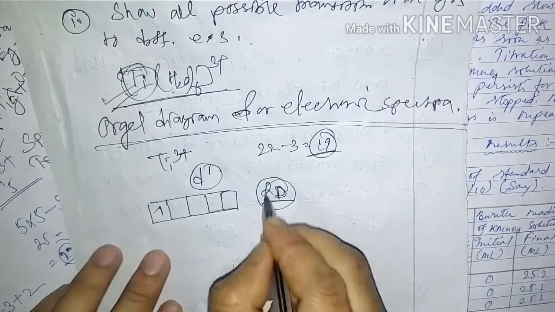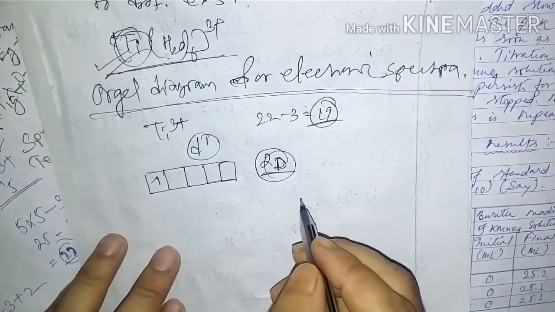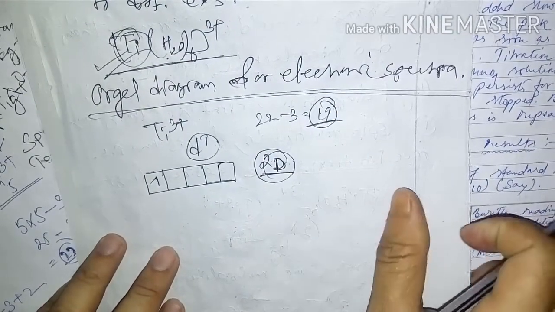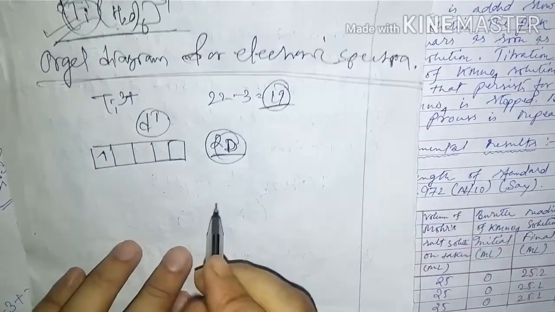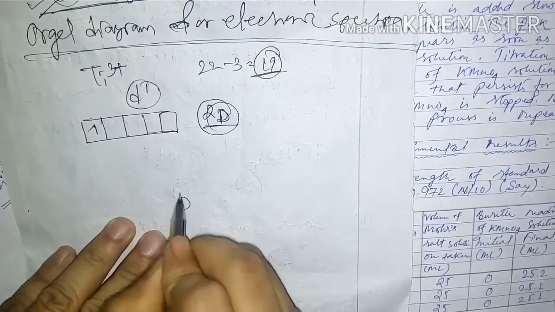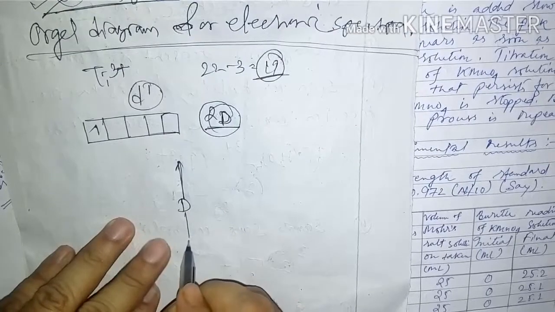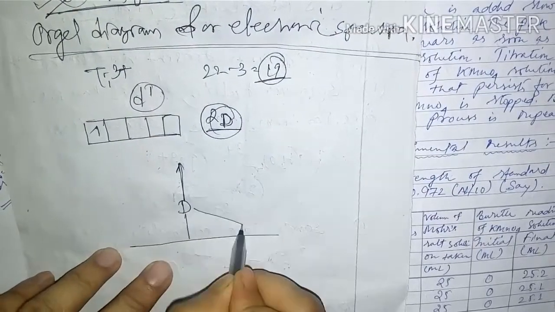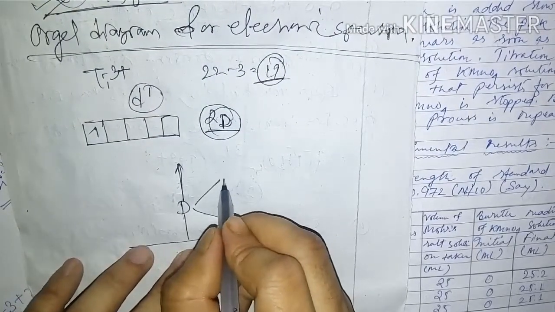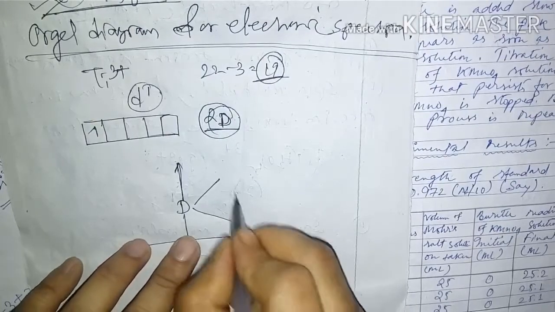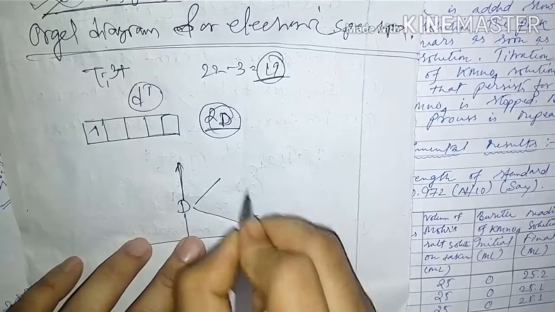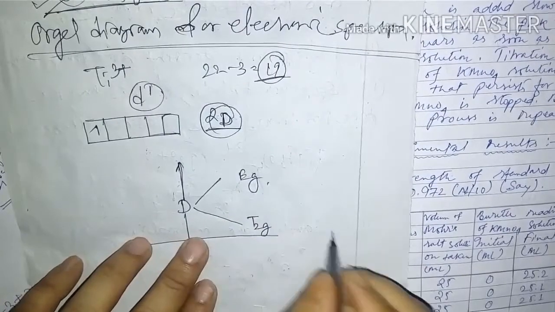In the ground state, the single electron occupies the lower t2g level, and the higher level is eg.